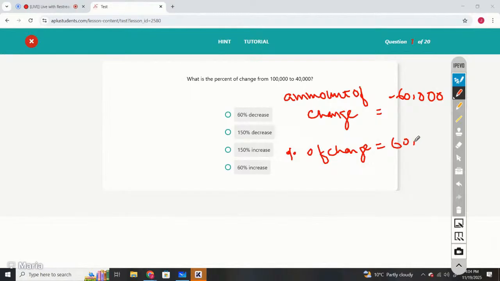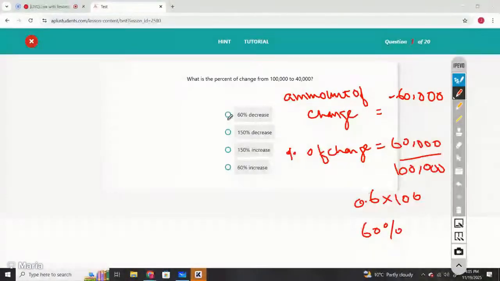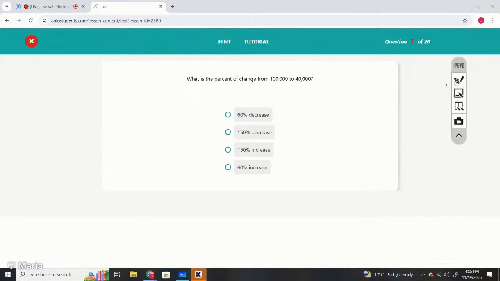So that is 60,000 divided by 100,000. So that is 60% decrease. That is 0.6. 0.6 multiplied by 100 means 60%, and the negative means that is a decrease. The correct option is option number 1, that is 60% decrease.